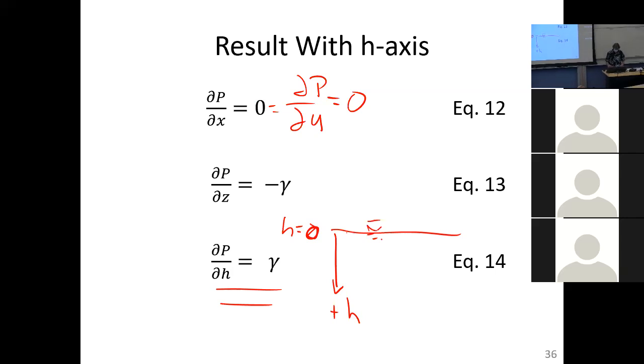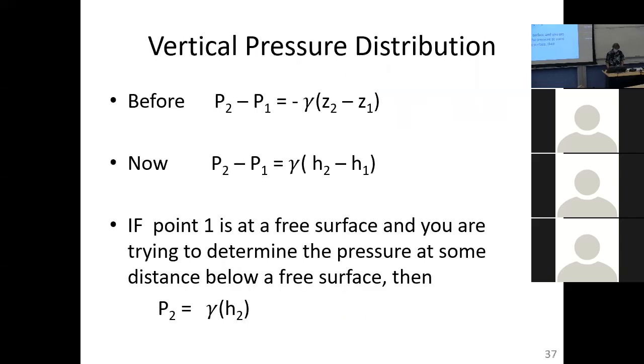And so very simply, before we had this equation that we integrated with respect to z. Now when we integrate it with respect to h, we just lose the negative sign on the right-hand side. That's the only difference.